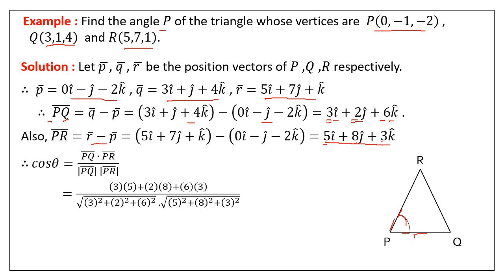Substituting values, we have 3 fives are 15 plus 8 twos are 16 plus 6 threes are 18 upon root 49 into root 98, which is nothing but 7 into 7 root 2. So from this 49 gets cancelled, we have 1 by root 2. The value of theta is equal to 45 degrees since cos 45 is 1 by root 2.